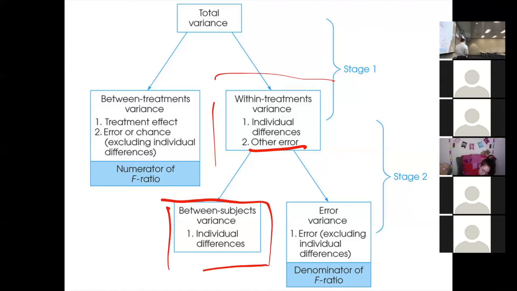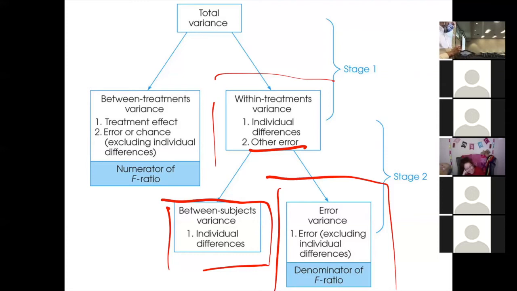Once we get those, we remove them from that within treatments variance, and the remainder is that error variance. So that error variance now becomes the denominator for our F ratio test.